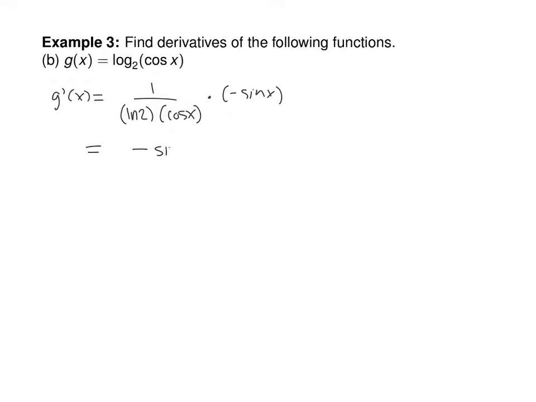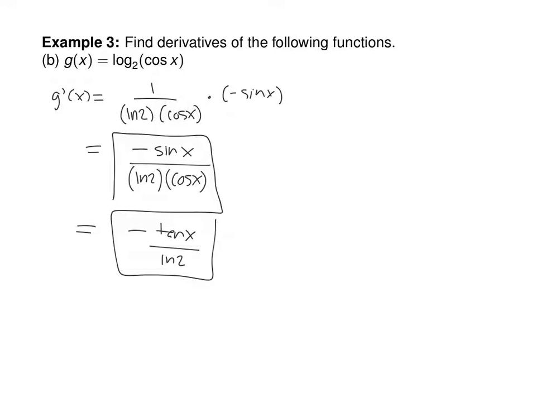So that's negative sine x over ln 2 times cosine x. That's a totally acceptable answer. Is it also clear that that's negative tangent of x over ln of 2? Because you got the sine over cosine making tangent. Either one's fine.